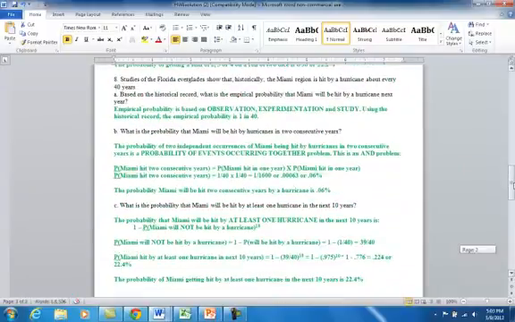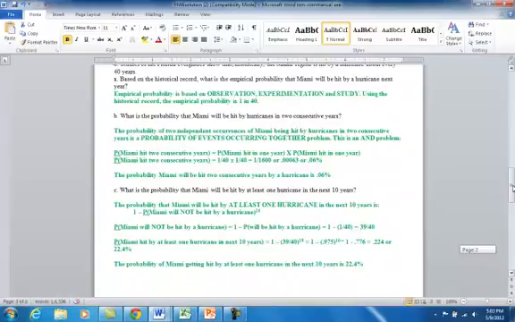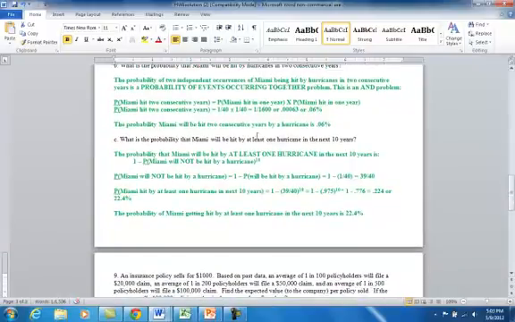The biggest problem I saw, the most commonly occurring thing, was C. What's the probability that Miami will be hit by at least one hurricane in the next 10 years? Remember, it's just a formula. You just find the formula. You can even look at those cheat sheets, because those cheat sheets list out the formulas. So we want the probability that it will be hit by at least one hurricane.